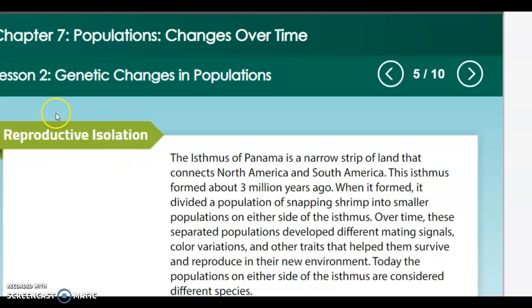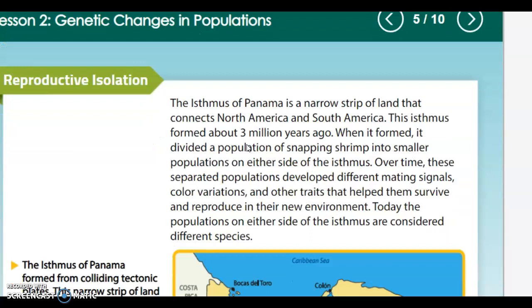From the name itself, reproductive means producing new ones, isn't it? And isolation means separation. So when we come across reproductive isolation, we talk about the separation of a particular species, due to which they will be reproducing in that separation itself compared to the other members of the species.